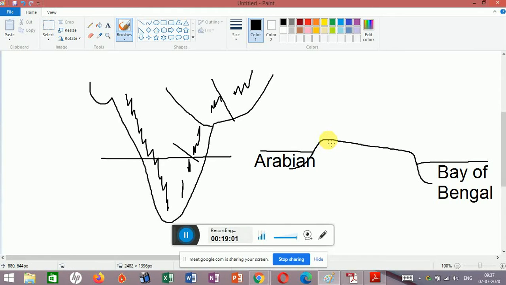And here lies the Western Ghats, and here lies the Eastern Ghats. That means, as I told you earlier, the Western Ghats are higher than the Eastern Ghats. So the altitude of the Western Ghats is between 900 to 1600, right? And for the Eastern Ghats, it is around 600 meters above sea level. So these are the main differences between the Western Ghats and the Eastern Ghats.